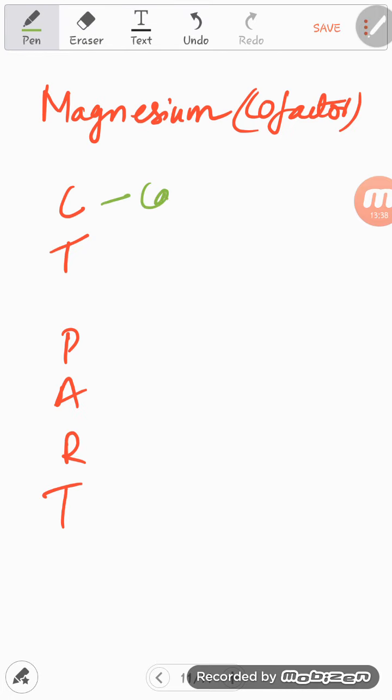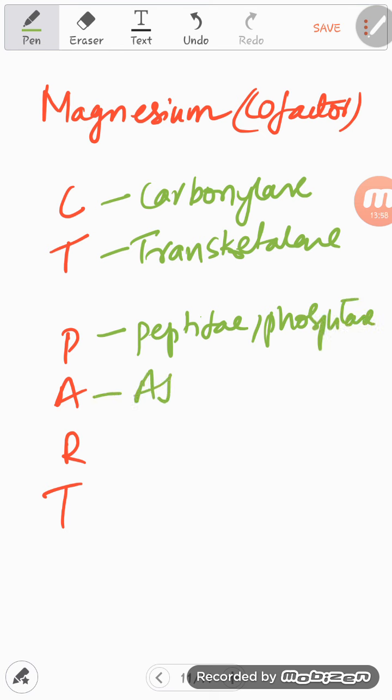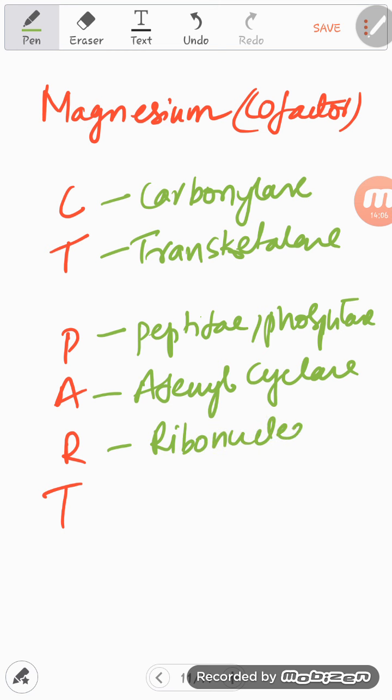So C is carboxylase, T is transketolase, P is phosphatase, A is adenylyl cyclase, and R is ribonuclease, and K is kinase. Hope you are clear with this.